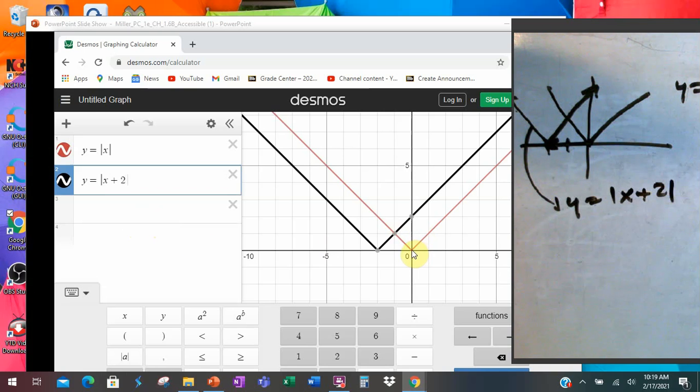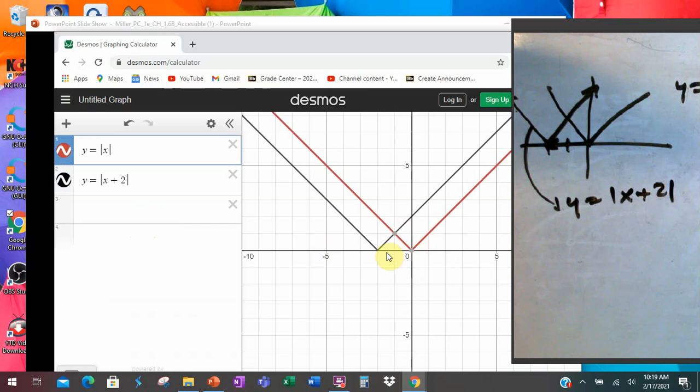And look what this does. You see this point? It moves that point over to there. If I know this point, negative 1, 1, shift that thing over, and that would be that point. Still the same height, it's just the x modified.